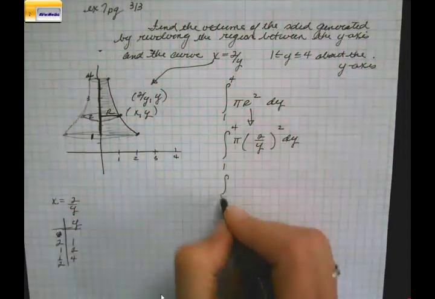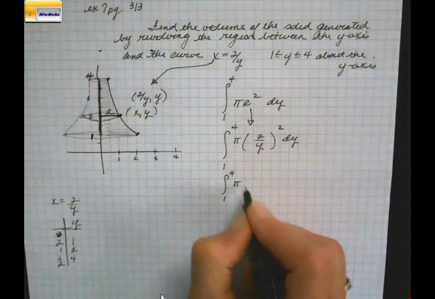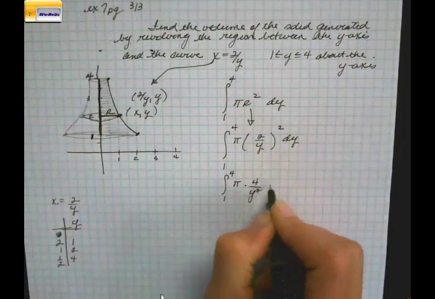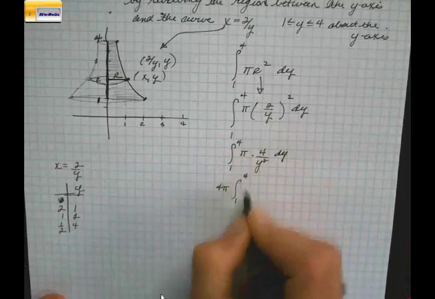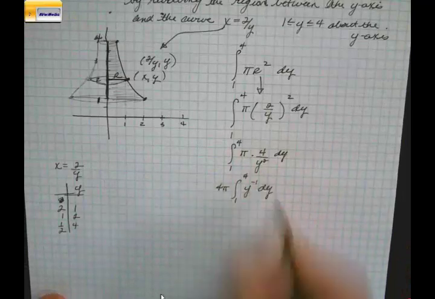So you're integrating from 1 to 4 of pi times 4 over y squared dy, which is really just 4 pi integrating from 1 to 4 of y to the negative 2 dy.